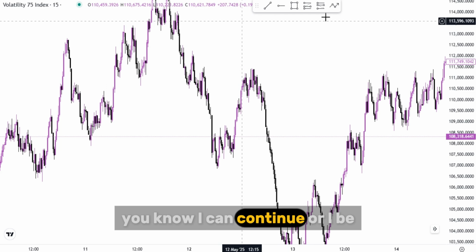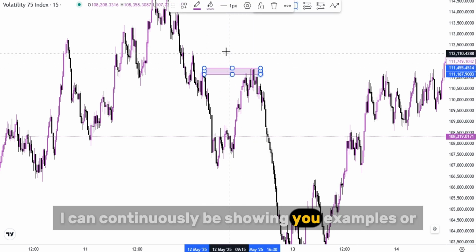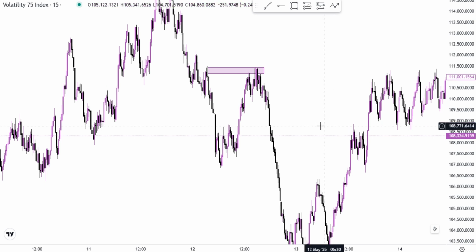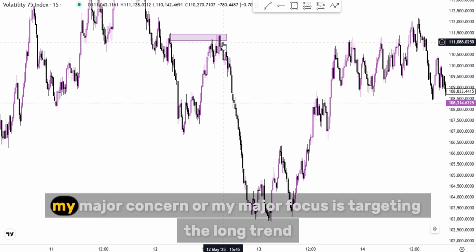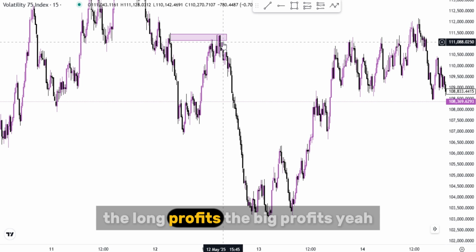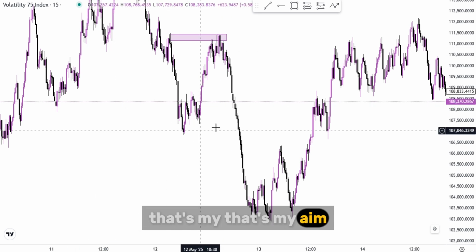I can continuously be showing you examples of entries. My major focus is targeting the long trend, the big profits. That's my aim.